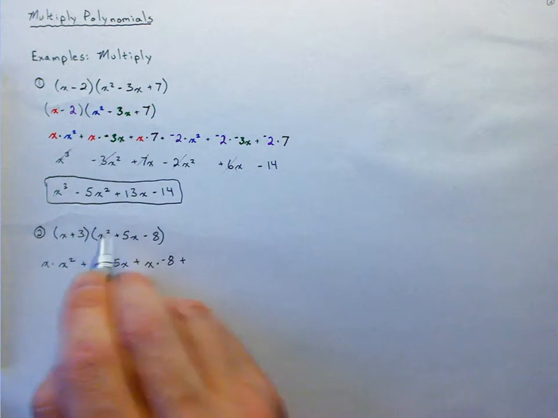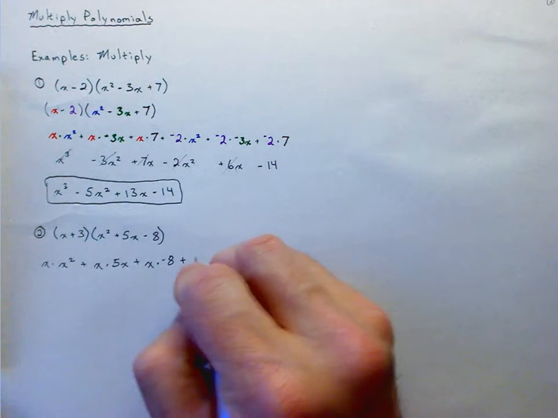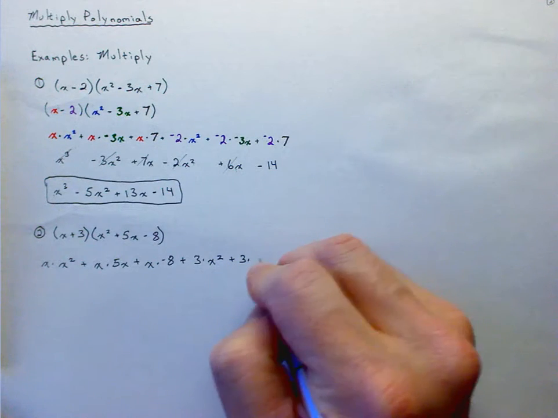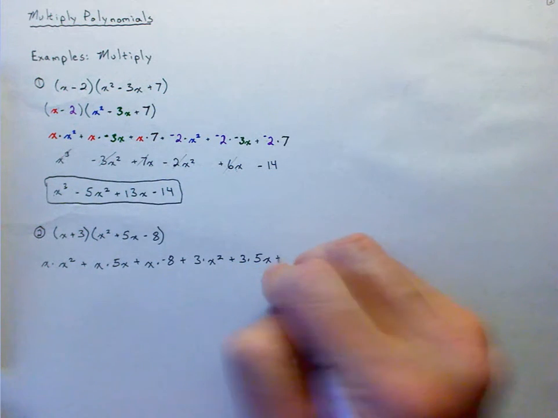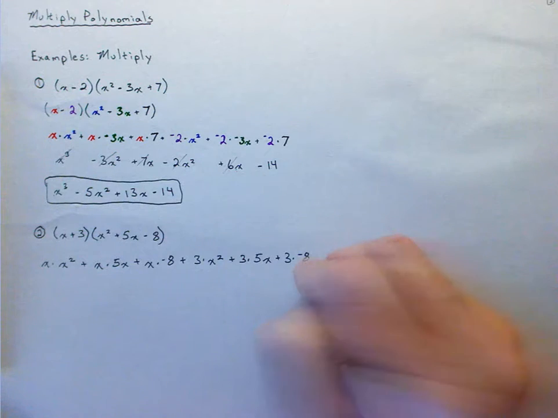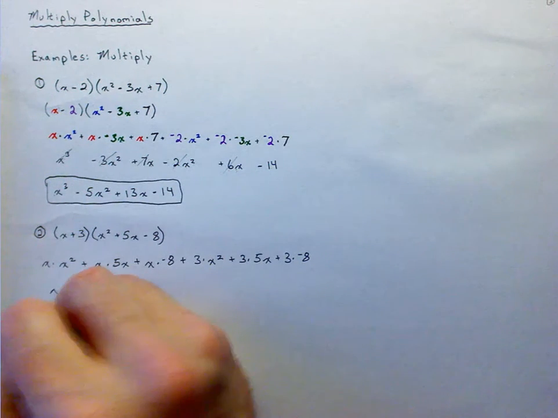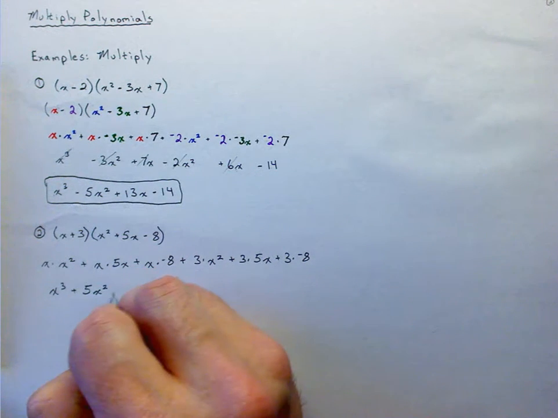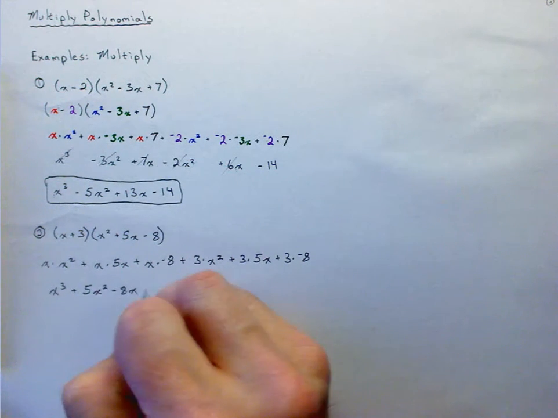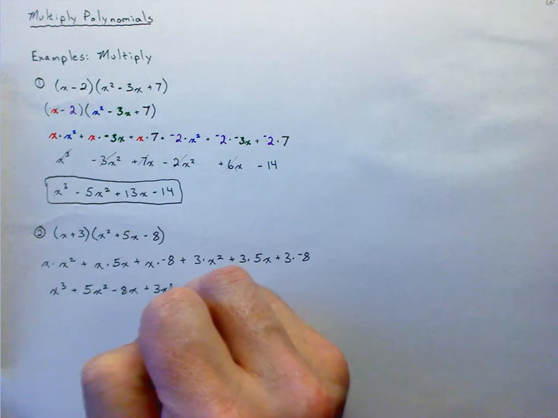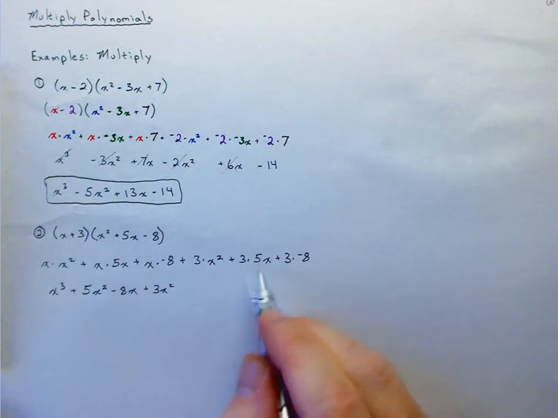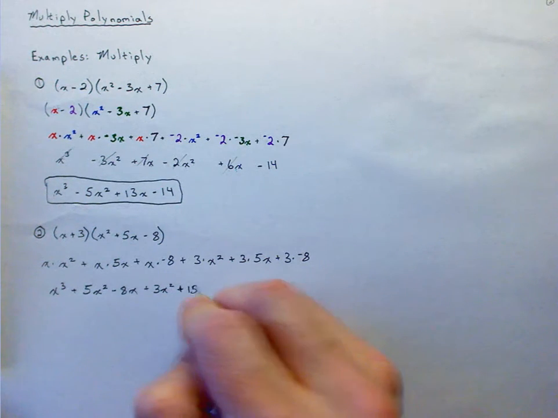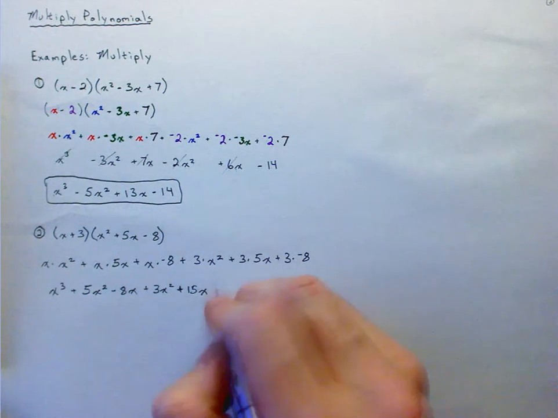I'm going to take the 3 and distribute it to all three terms. 3 times x squared plus 3 times 5x plus 3 times a negative 8. This becomes x cubed. This becomes 5x squared minus 8x plus 3x squared plus 15x minus 24.